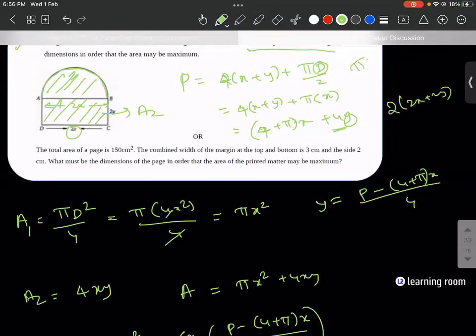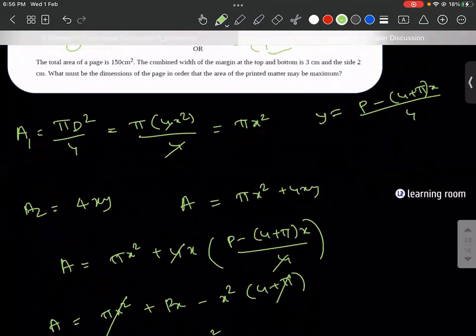Pi into d is going to be, see, 2 pi r is the perimeter of a circle. So pi d is going to be the perimeter of a circle. So for a semicircle, it will be half of it. Yes, sir. So d is how much? 2x. So 2x by 2 will become pi x. So I collected all the x terms. So 4 plus pi into x plus 4y is the perimeter.